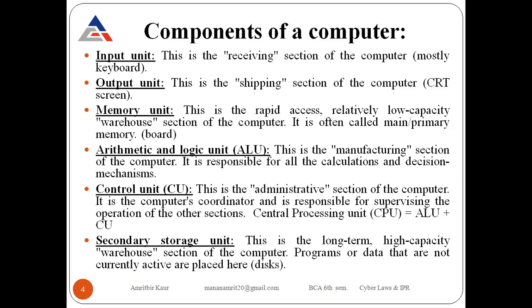Programs or data that are not currently active are placed here. So the data used by the CPU, we can say active data, will be placed in the memory unit, but data or programs that are not currently active will be placed in the secondary storage unit. So this is all about computer.